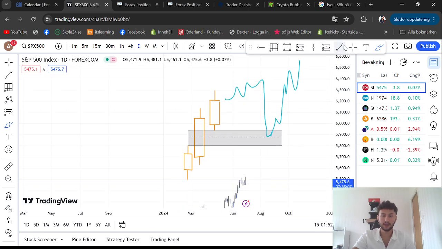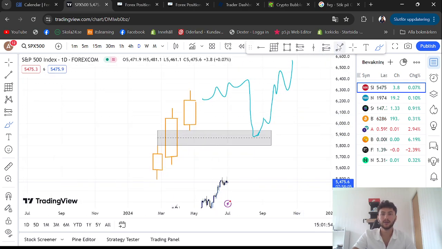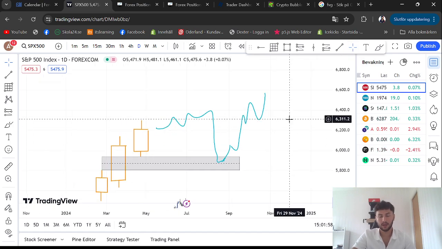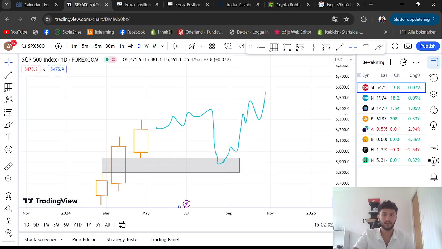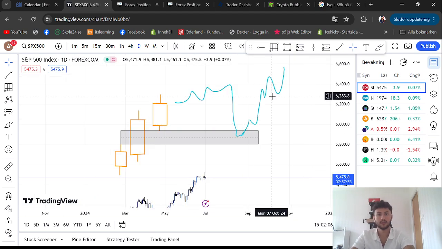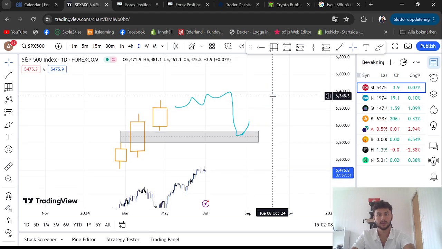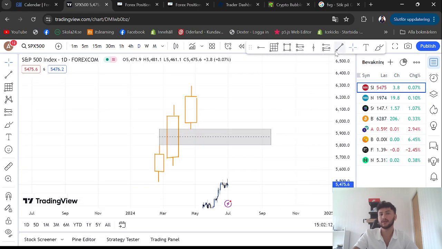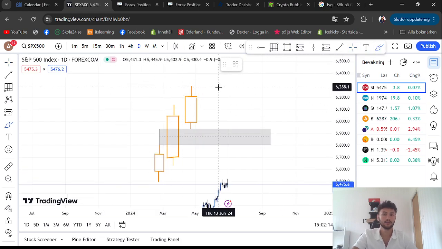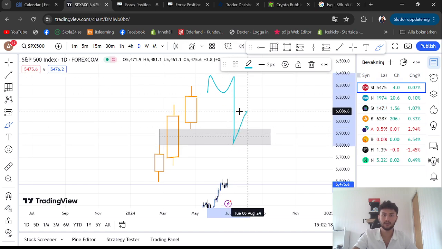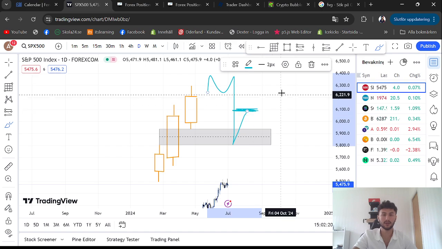Now, keep this in mind that using fair value gap is based on your daily bias, either you are looking for a short or for a buy. Sometimes what happens is that price goes higher, comes in, and we see a close above it. You don't go in and enter the position over here.